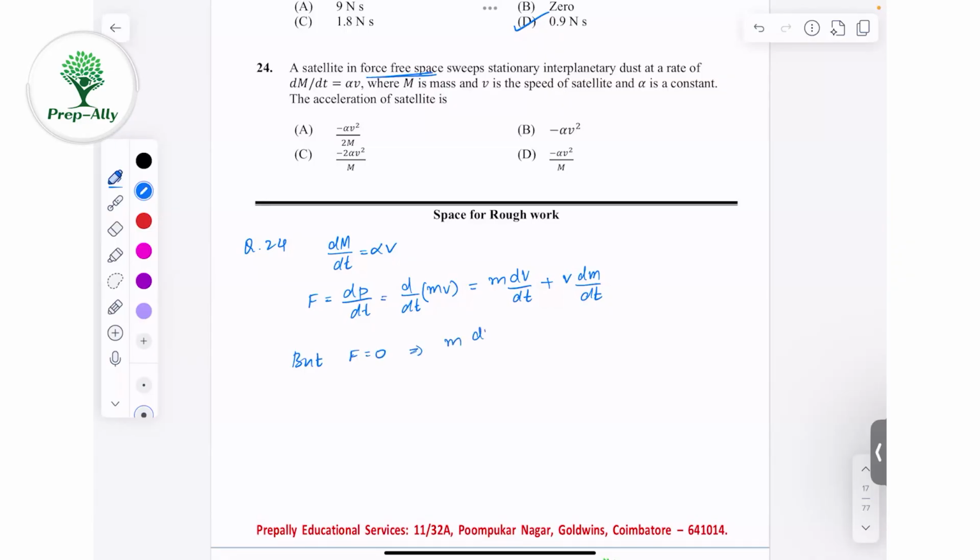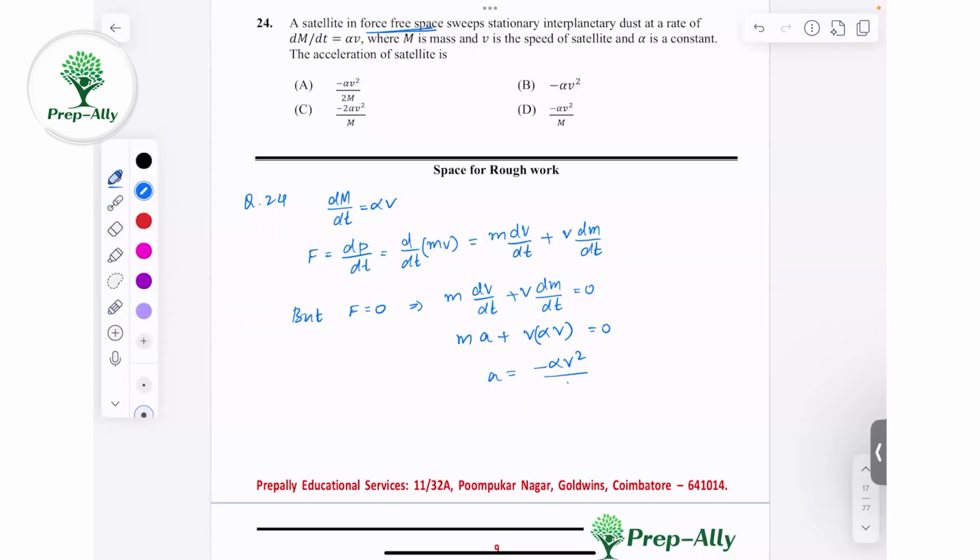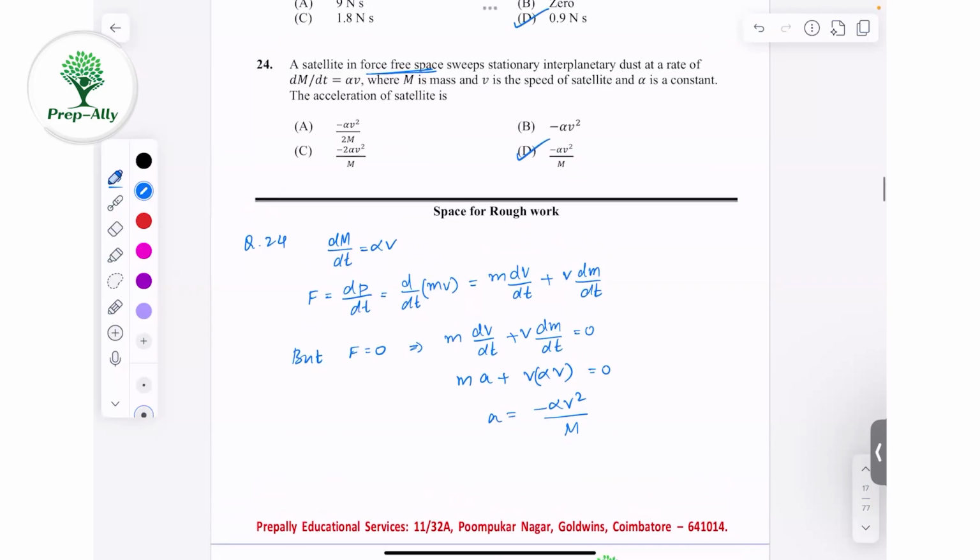Implies m dv by dt plus v dm by dt is 0. And dv by dt here is just the acceleration. So we can keep this as a plus v dm by dt is alpha v. So we get here a is minus alpha v square by m, or capital M. That's it. It's just an application of Newton's second law.